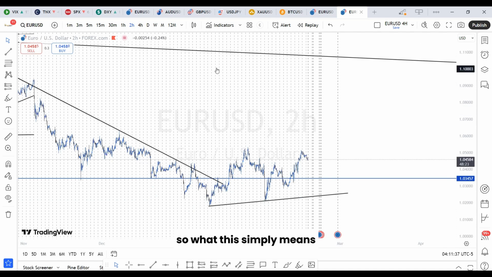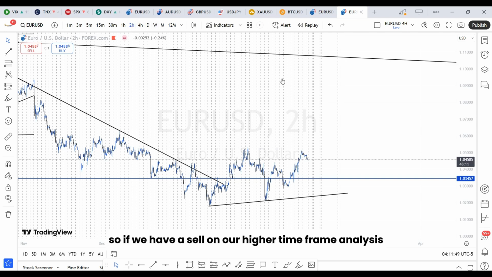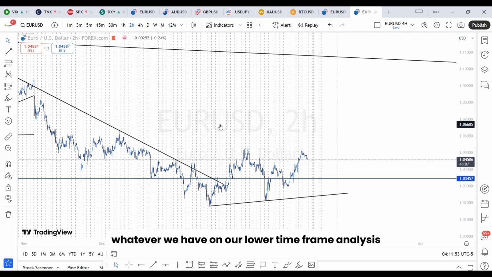So what this simply means is that the higher time frame analysis supersedes, or is stronger than, lower time frame analysis, and lower time frame analysis is stronger than entry time frame analysis. So if we have a sell on our higher time frame analysis, we know that it's going to influence whatever we have on our lower time frame analysis, and if we have a sell on our lower time frame analysis, it's going to influence whatever we have on our entry time frame analysis.